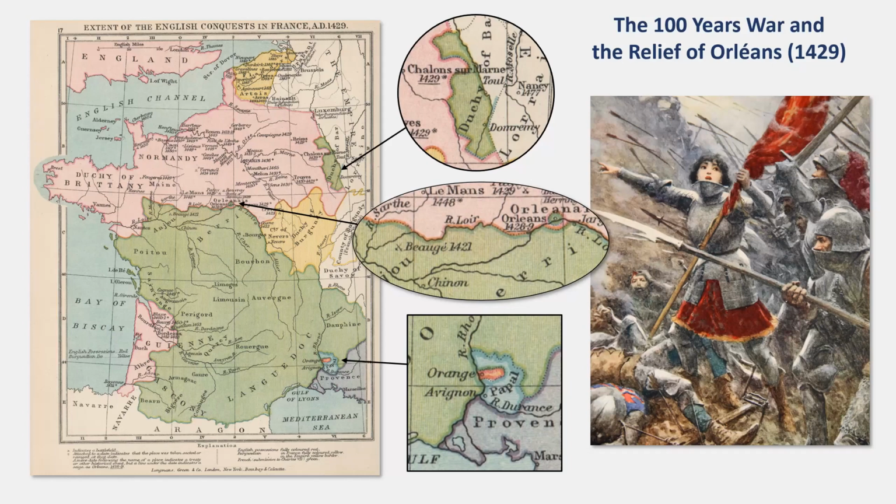But returning to that middle insert, that is the area that we're going to be considering today with this particular stamp, because it shows the area of the Loire Valley where Joan of Arc went to after having heard her voices and having been persuaded to take up the cause against the English.